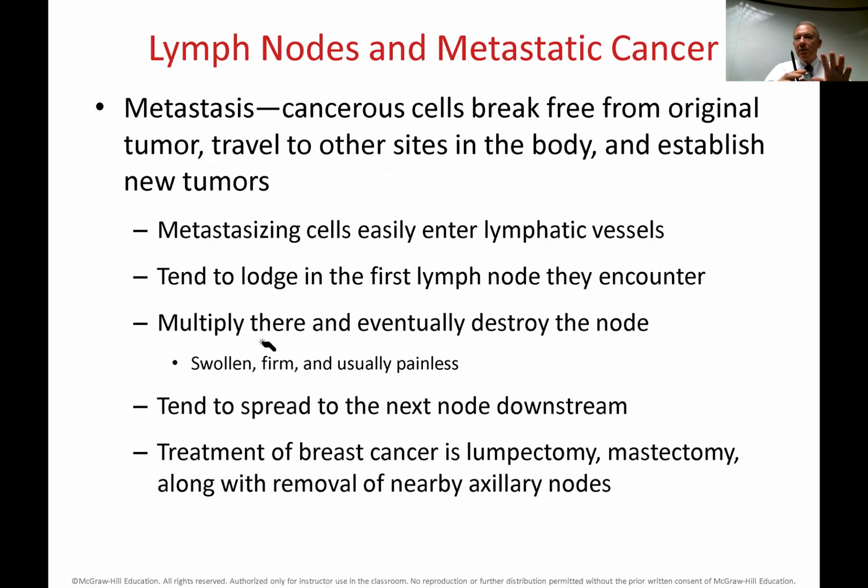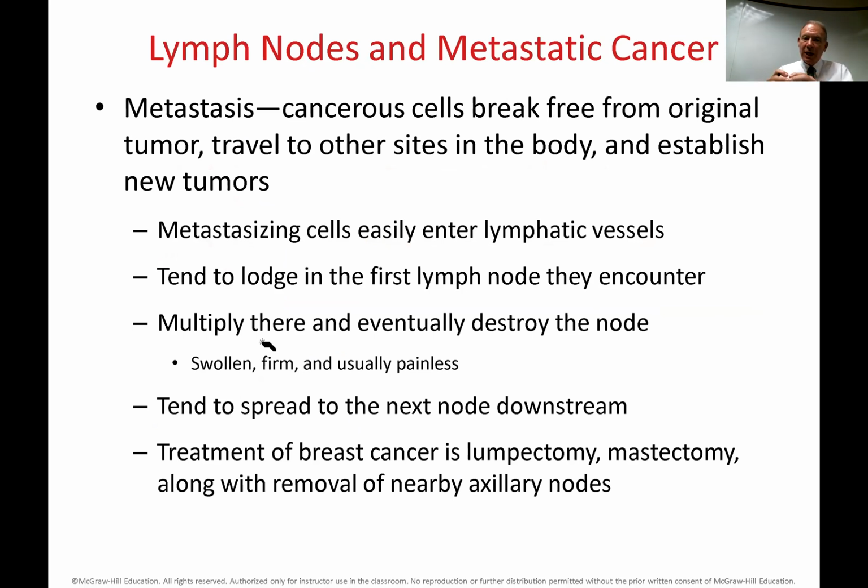Metastases. Well, that's a cancer term, but the immune system is essential in terms of protecting us from cancer. So when a cancer is in one part of the body and it stays there, it's a localized cancer. When it spreads beyond that local area in which it started, they call that metastasizing.